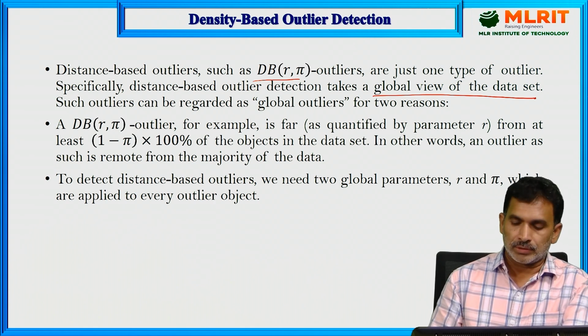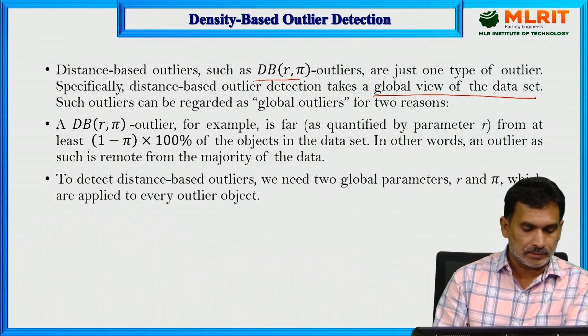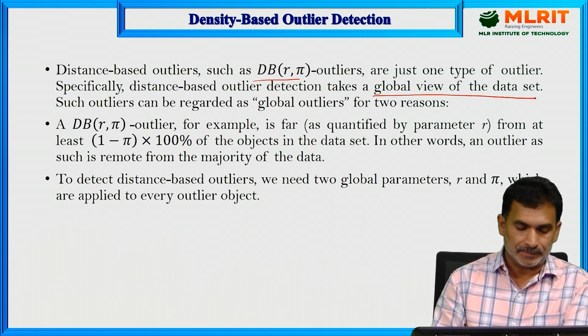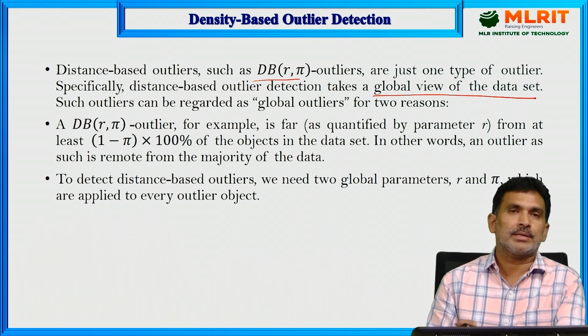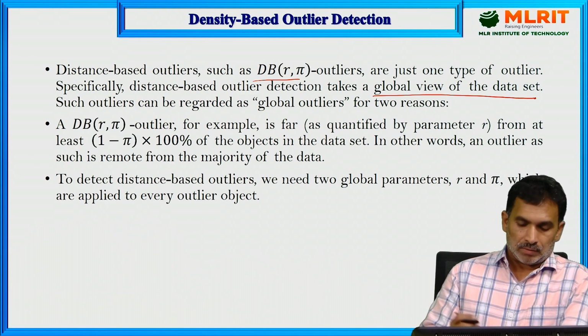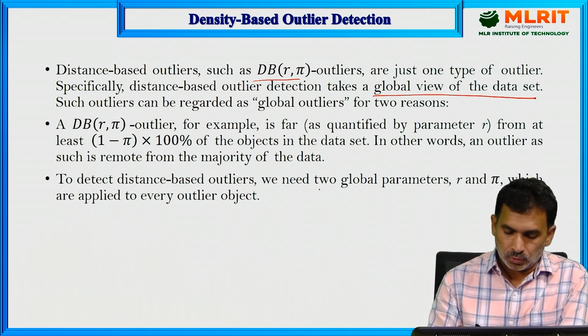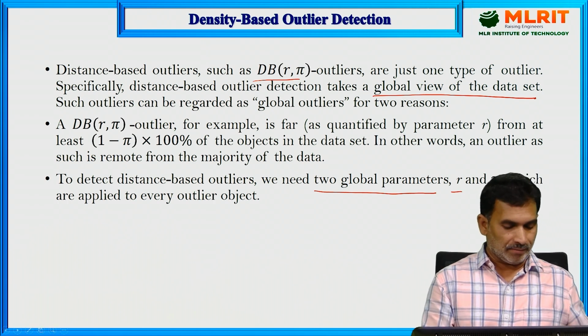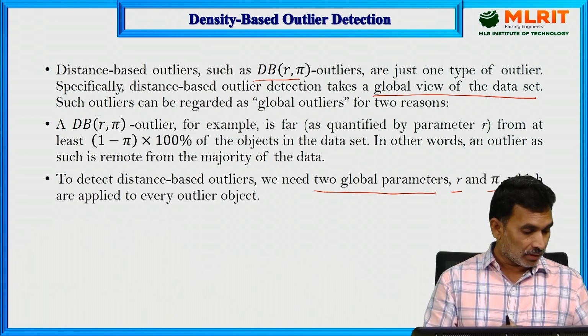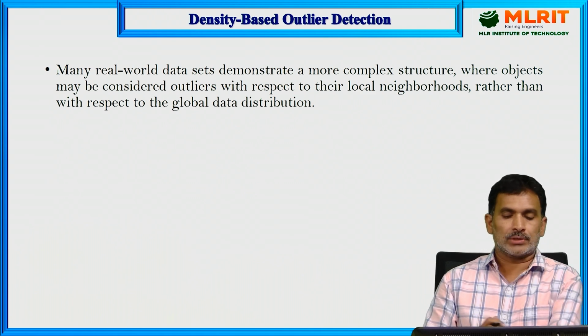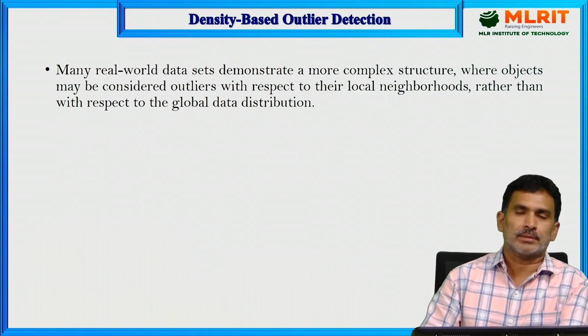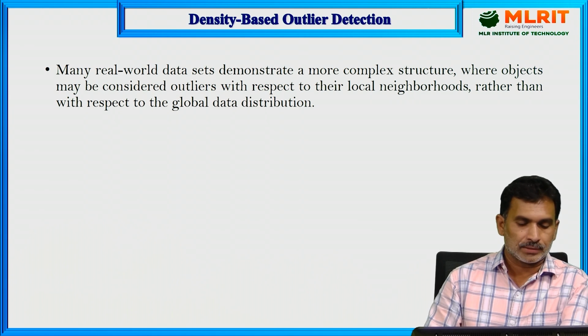In other words, such an outlier is remote from the majority of the data. The second reason is that to detect the distance-based outliers, we need two global parameters, r and π, which are applied to every outlier object.